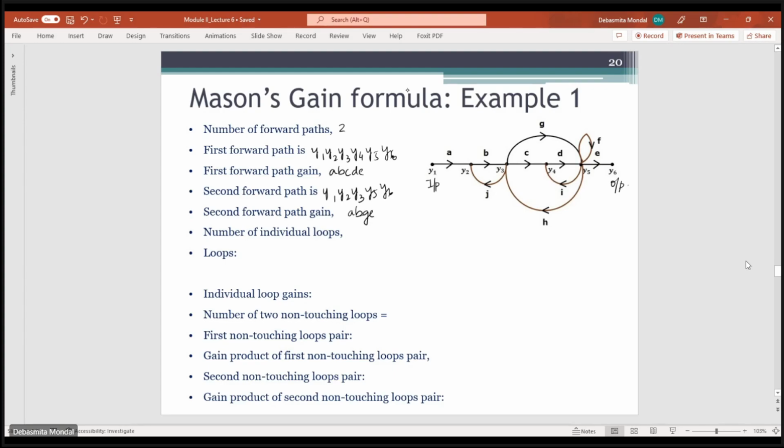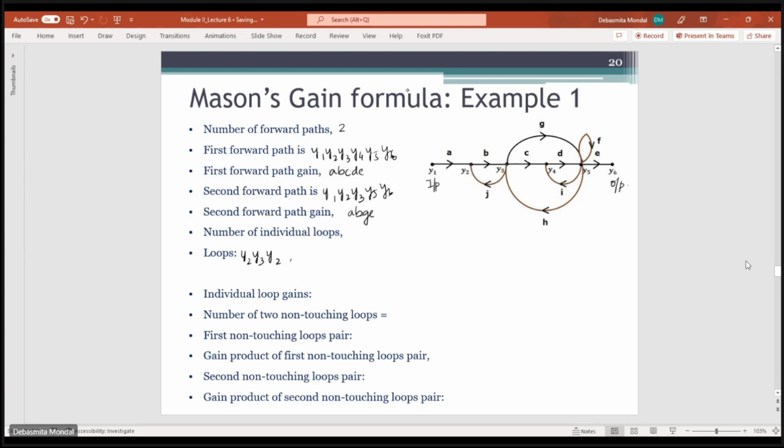What about this one and this one? These are not loops. This starts from Y2, Y3 and comes back here. Similarly, Y4, Y5 coming back to Y4. Oh, yes, ma'am. These also are loops. Those two are also loops. So there is one loop over here which starts from Y2, Y3 and comes back to Y2.